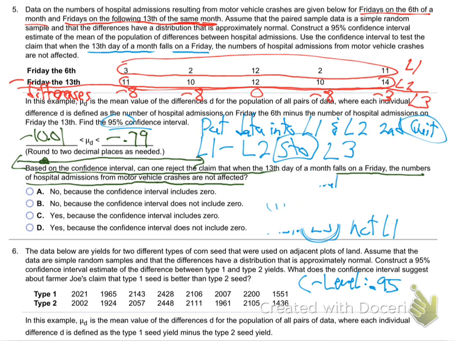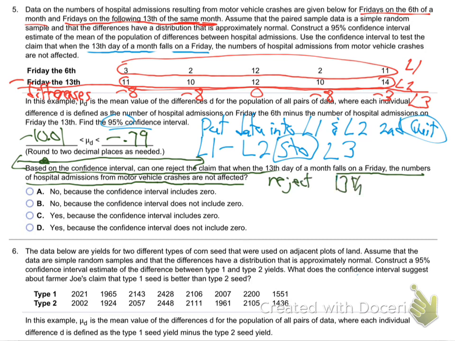Let me get this out of the way. They want us to reject the idea that on the 13th the number of crashes is not affected.